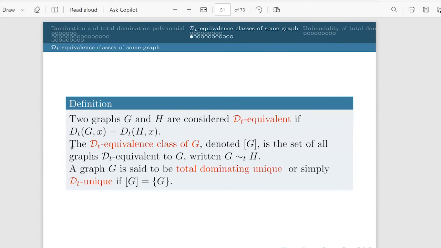And similar to other graph polynomials, we can have equivalence classes for total domination polynomial.